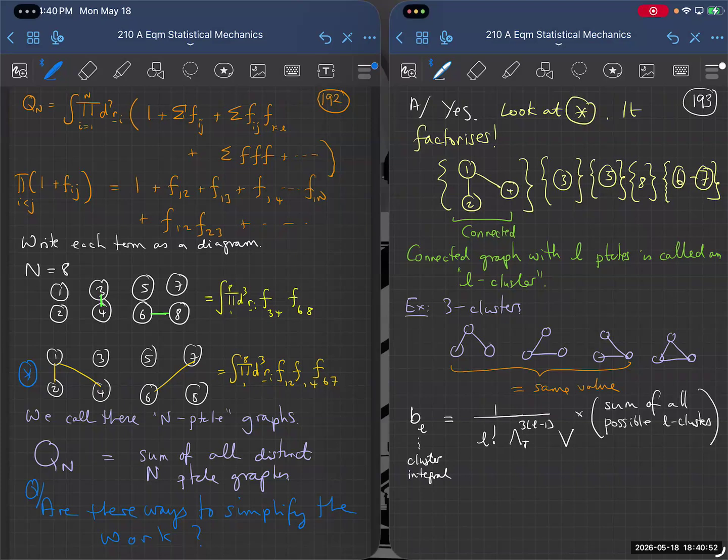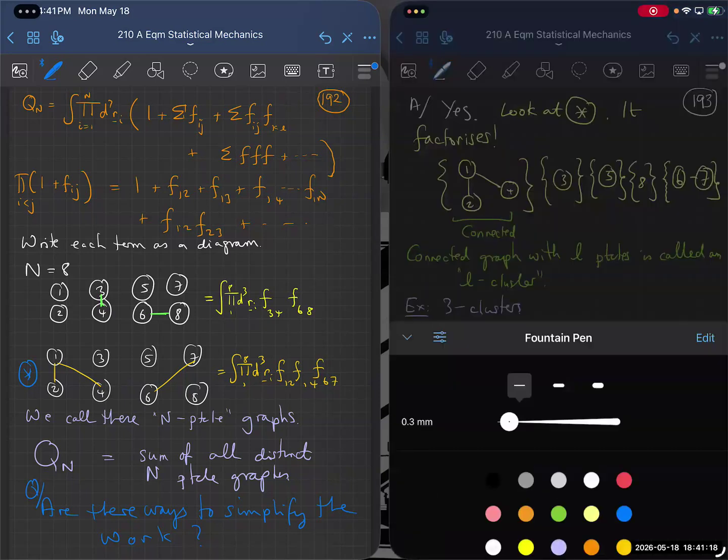So you can define that, and if I ask what it depends on, well, you can see that this is a function of the volume and the temperature. So you might say, well, we're interested in the thermodynamic limit. So V is going to infinity, N is going to infinity, the density is staying constant.